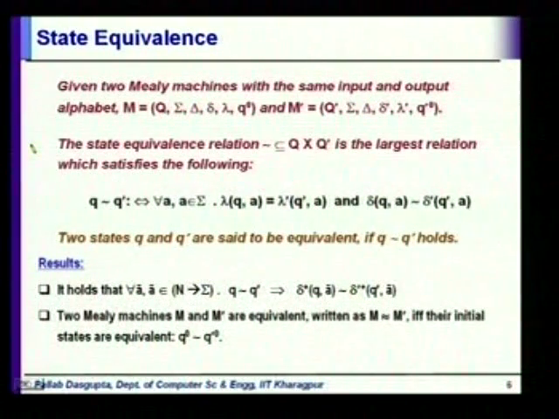Now let us come to the definition of state equivalence. Given two Mealy machines with the same input and output alphabet, so remember that obviously equivalence of two machines makes sense when they have the same input and output. So we are given two Mealy machines with the same input and output alphabet. The first Mealy machine is M, Q, sigma, delta, and so on, and this is the second Mealy machine.